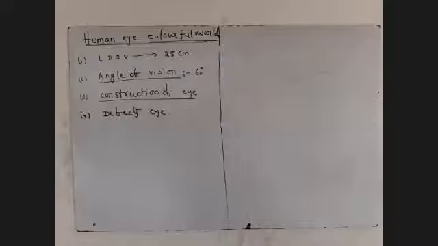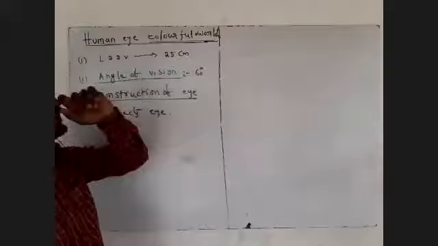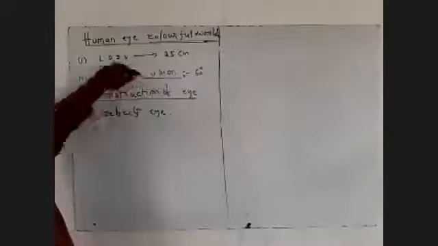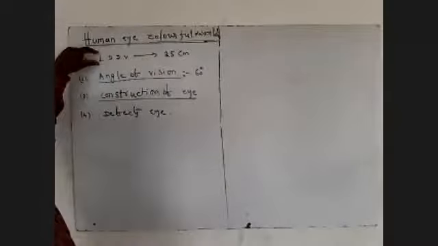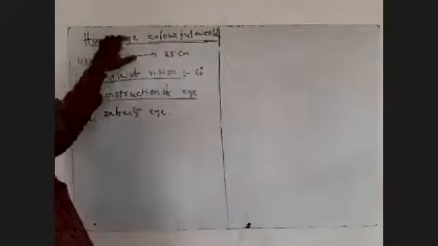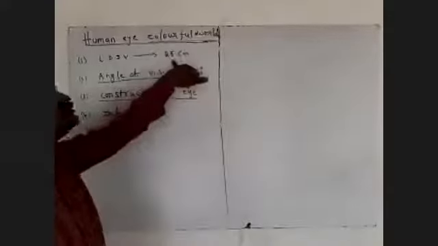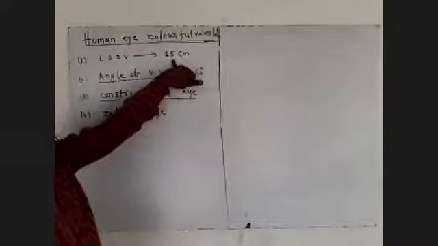Eye, colorful world chapter. We are in the human eye, colorful world. We have the subtopic LDDV. LDDV means L means least, D means distance, D means distant, V means vision. Some healthy persons have 25 centimeter LDDV.